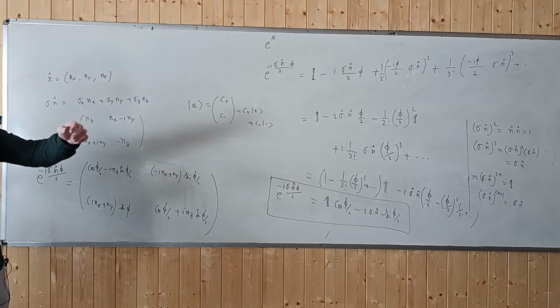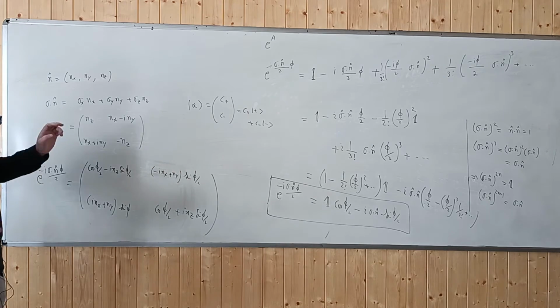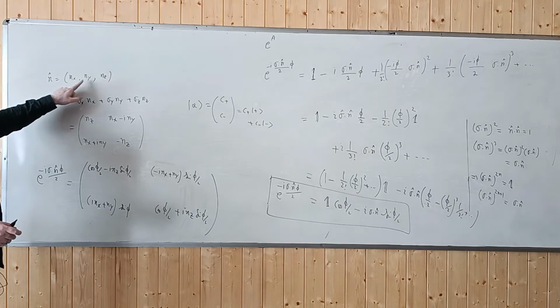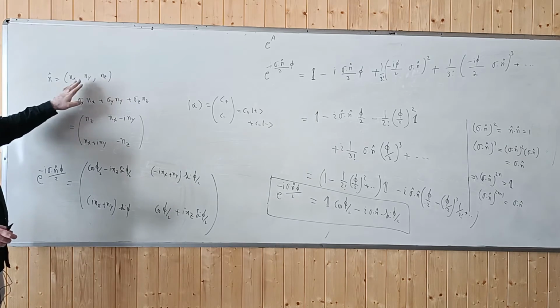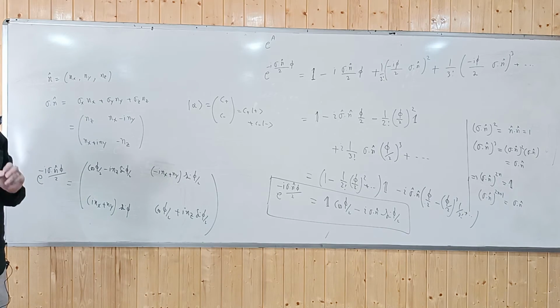If you want it along only the x direction, it will be 1, 0, 0. Along z direction, it will be 0, 0, 1. Along y direction, it is 0, 1, 0. Got it?